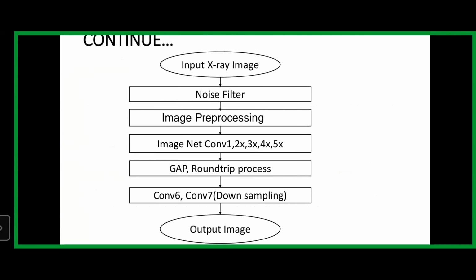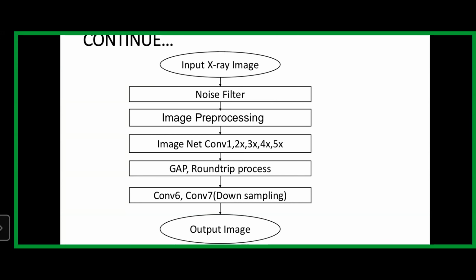And the next one shows the input X-ray images and noise filter reduction. These are the procedure steps: the patient's image is uploaded before being affected and after delivering the output images. These are the processes of convolution, sampling, and round robin.